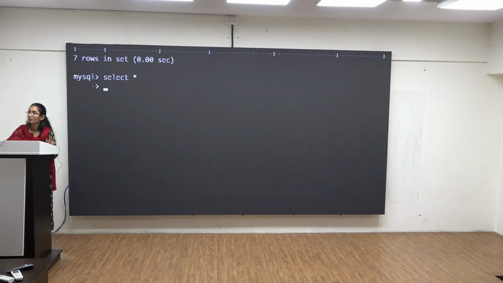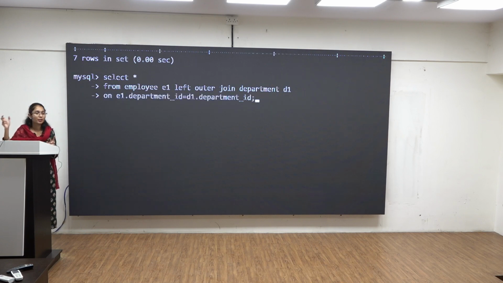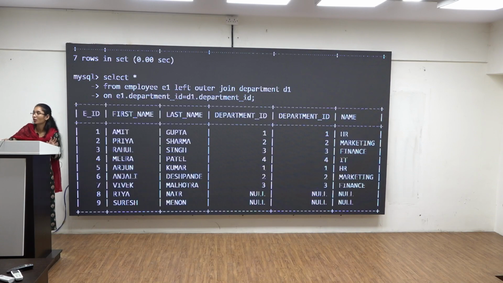So what condition we have to give? From employee e1, but here we have to give left outer join. From which table, and what is the condition? So on we have to tell the department ID matching. So I'll click on enter.